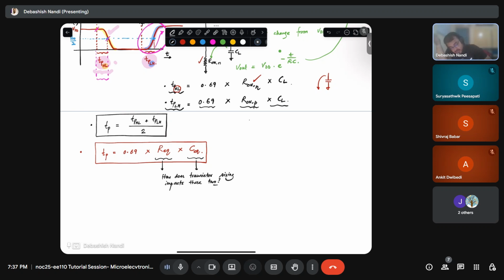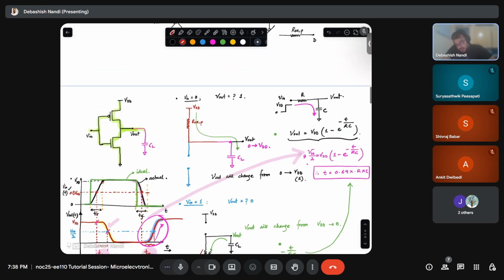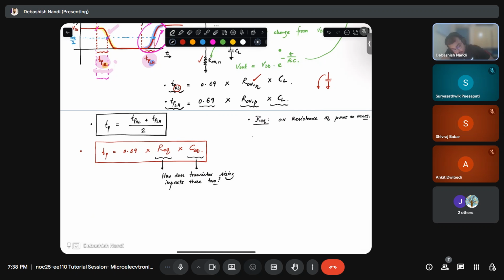Let us take R equivalent first. R equivalent is nothing but the on resistance of PMOS or NMOS. So when it is on, my VD is also, for example, so IDS equals, what is the IDS linear formula?